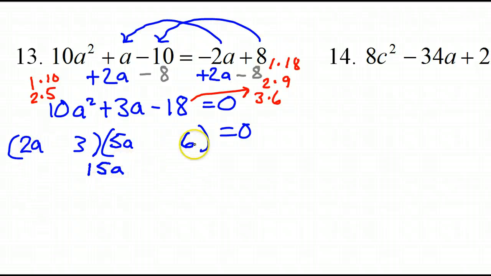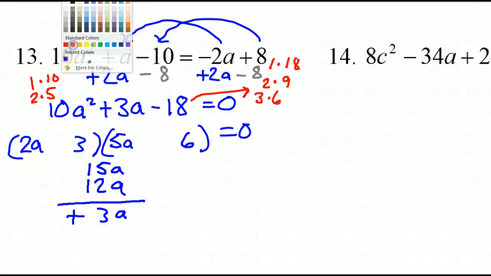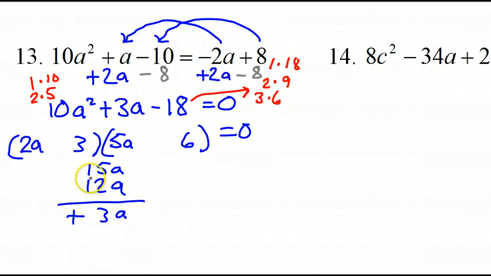Outer, 2 times 6 is 12. And I'm trying to get positive 3a. Well, you know what? This is looking promising, because if I make this positive and this negative, 15 minus 12 is 3. So that would work out.